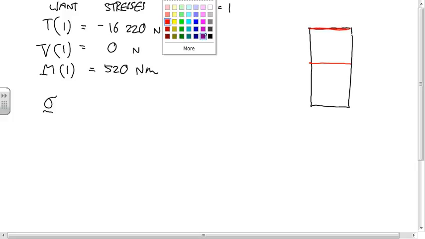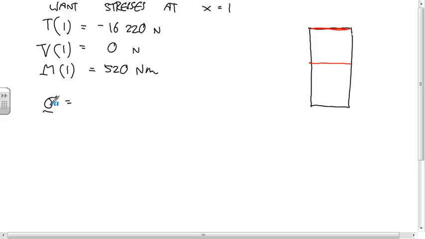And we're going to do that by calculating the total stress as equal to the stress due to tension plus the stress due to shear force plus the stress due to the bending moment. Okay, so this is part A, this is part B.